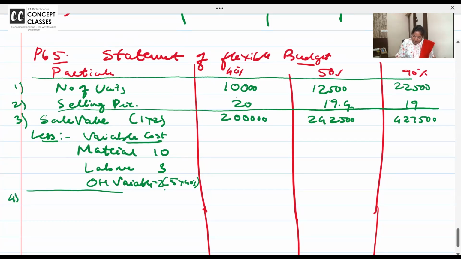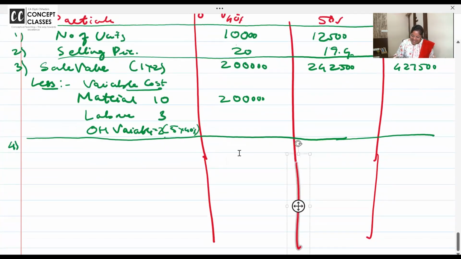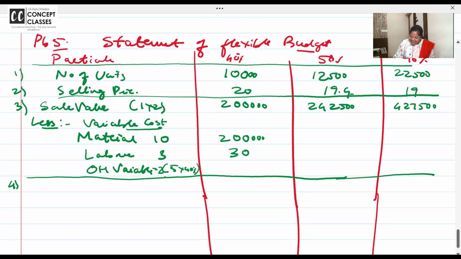Are you all with me? It is a very straightforward, easy problem. Just multiply by 10. Okay. Now you are happy. Ma'am, will it be this easy? Yes. Flexible budget every time comes for 7 marks and is a repeated problem.